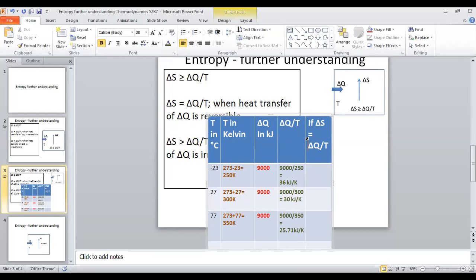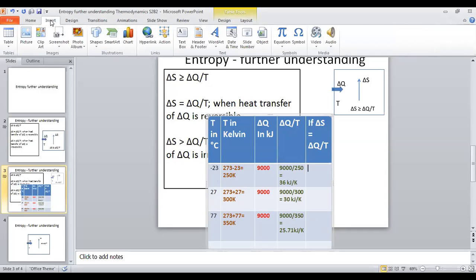This means reversible. Then your delta S is your delta S value. Then your delta S value here.